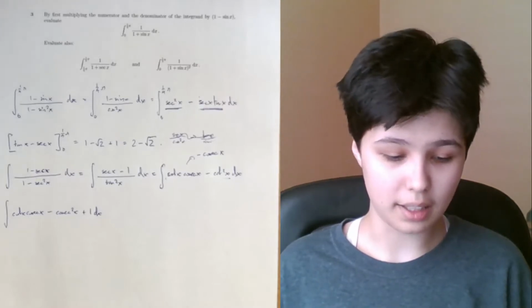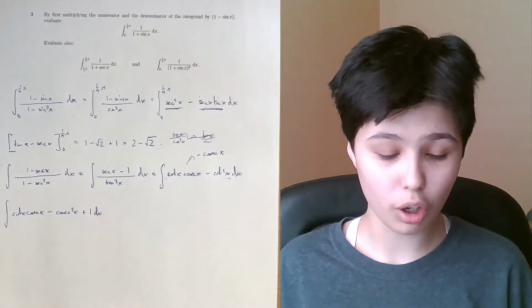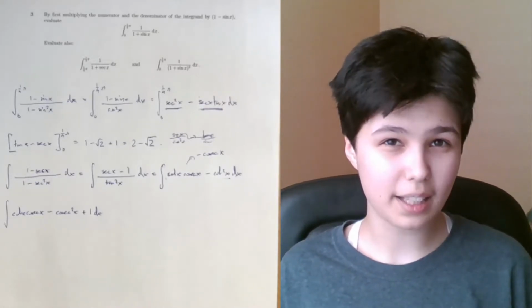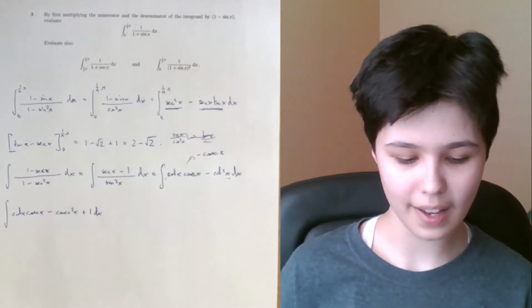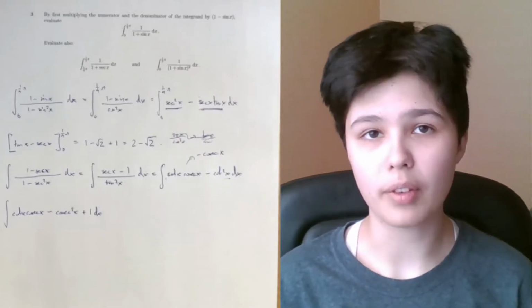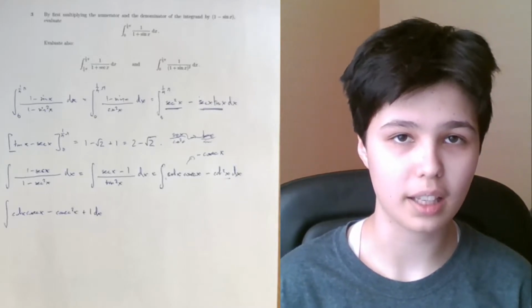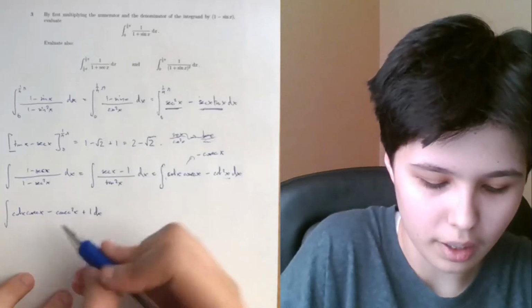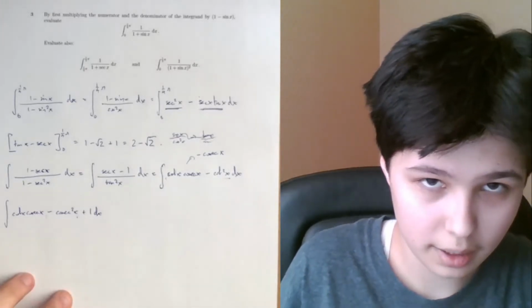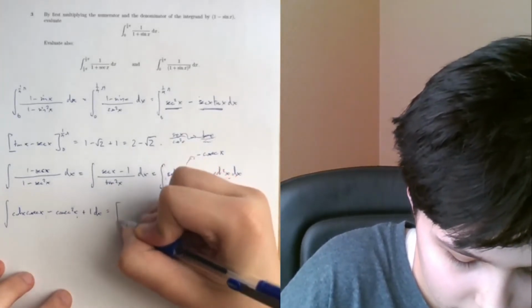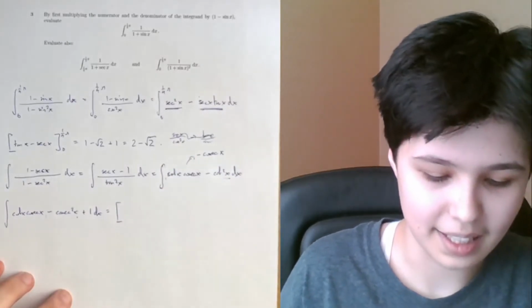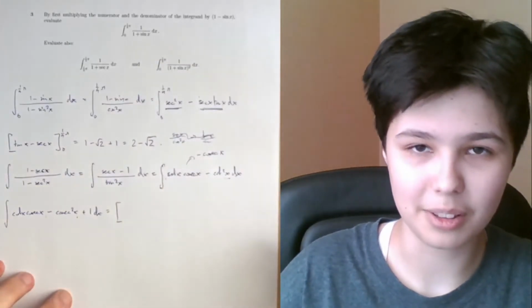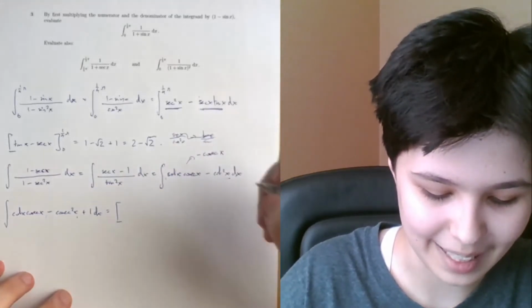Sec squared integrated gives tan x, so cosec squared x should give you something like cot x. However, if you differentiate cot x, you get minus cosec squared x. So the integral of minus cosec squared x is going to be just cot x. So this gives, and now I'm going to add the limits. Don't do that in the actual exam. That's really bad practice.